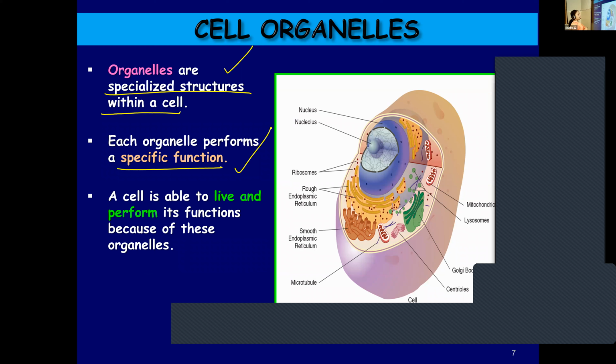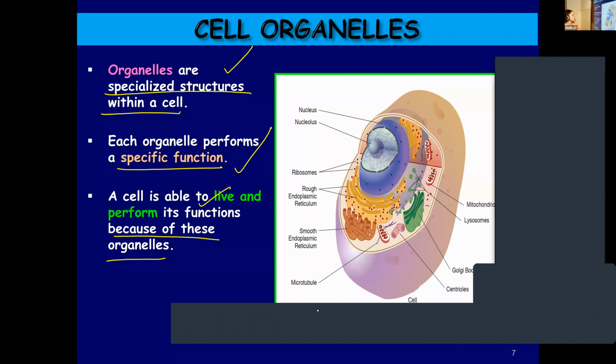And the third point, it's because of these organelles that a cell is able to live and perform its functions. A cell cannot survive if its organelles are not carrying out the functions properly. Any doubts? Can I proceed?